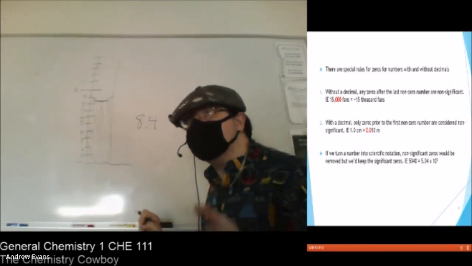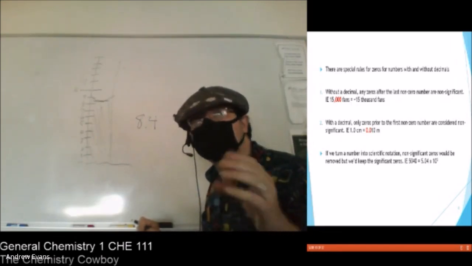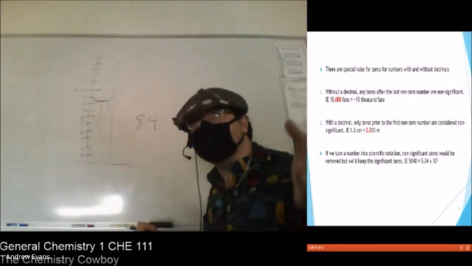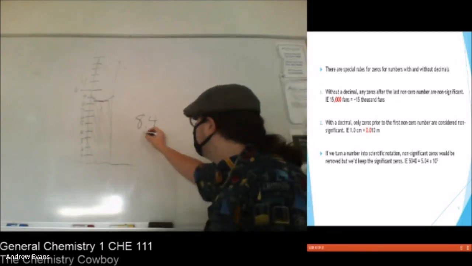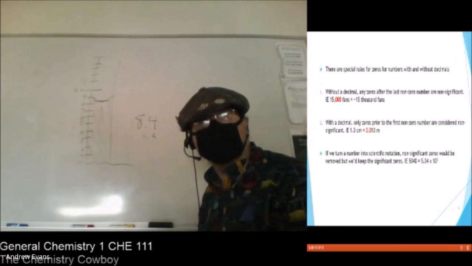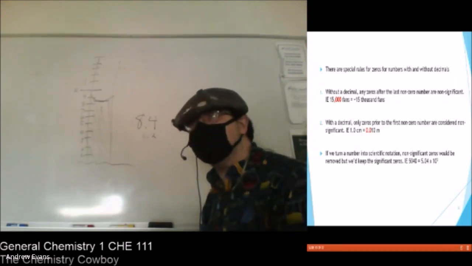The beauty of measurement is that it allows for some discretion from you to you to you. Your partner may say that's 8.5 and disagree. But the idea is it's 8.4 plus or minus, say, 0.2.